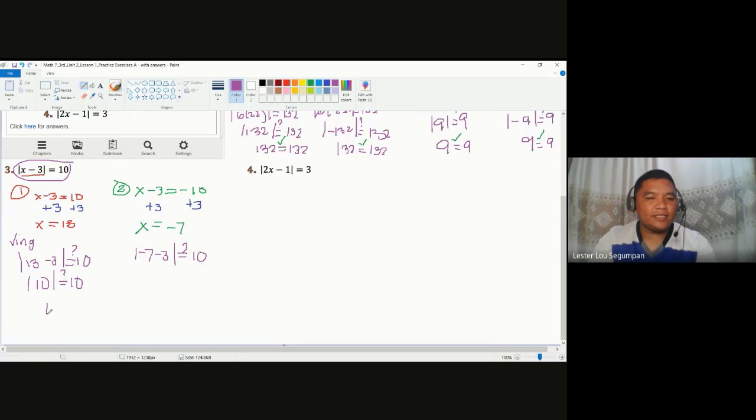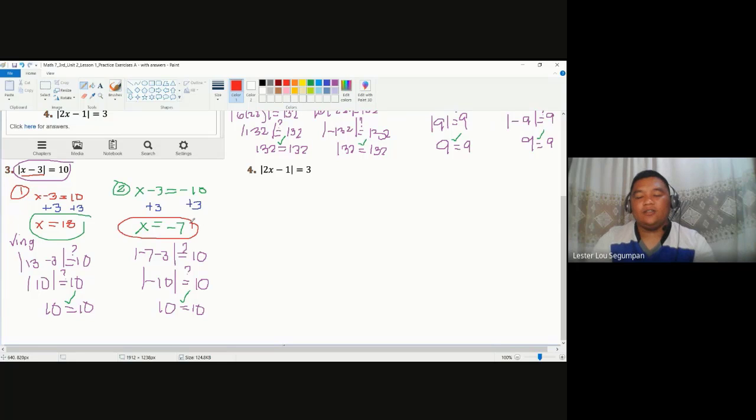Absolute value of 10 is 10, equal to 10. Acceptable solution. Next, negative 7 minus 3 is negative 10. Absolute value of negative 10 is positive 10. They are equal. Therefore, negative 7 is a solution.